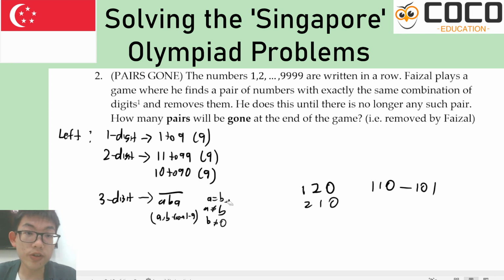So this would leave you with 81 that are left over. But something is not right with this. Can you see the problem?